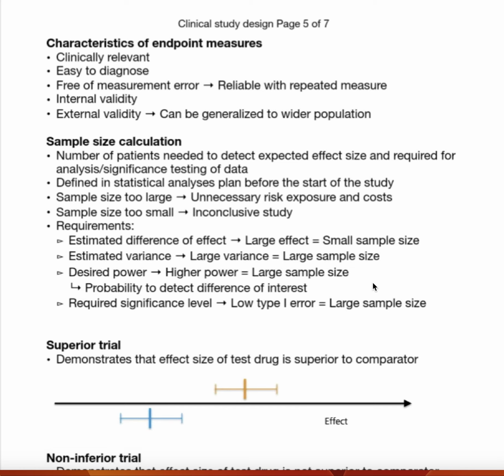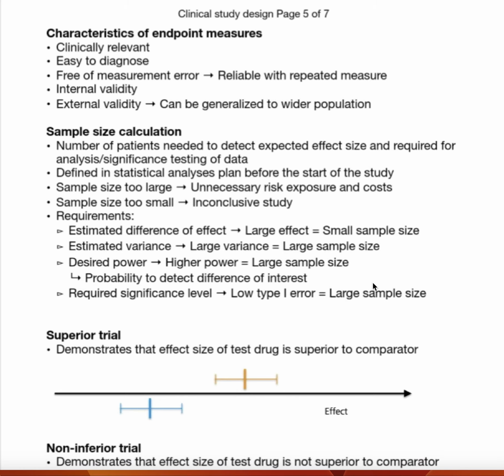Now we go to the sample size calculations, like how we determine how many members should be in the group, what is the design, and all these things. The number of the patients needed to detect the expected effect size and required for significance testing of the data. And again, the number of the patients, which firstly happened in phase 1, needed to detect the expected effect size.